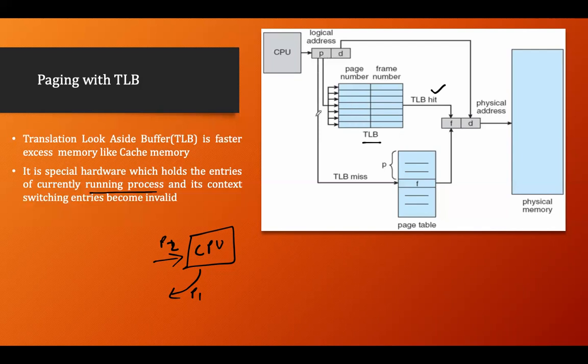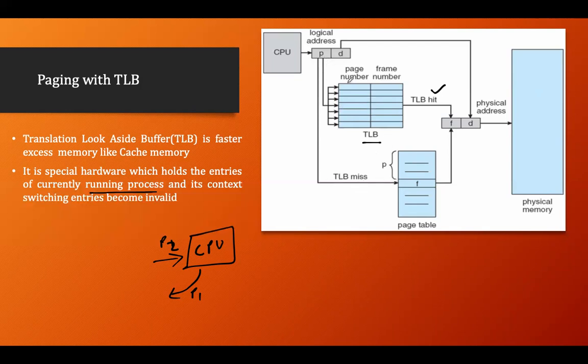So what we have to do is go to the page table, because in the page table we have the entry related to a particular process, the process which is running right now. So for the particular process, we go here when there is a miss.